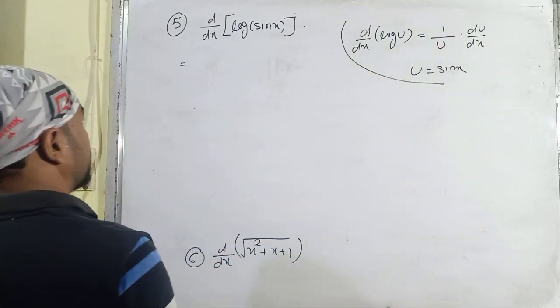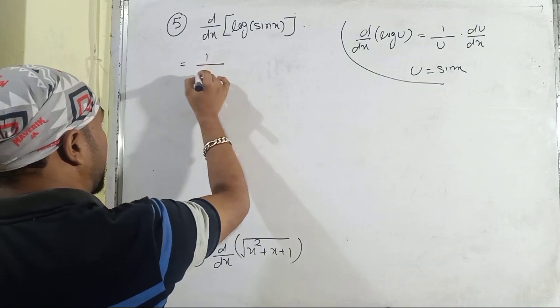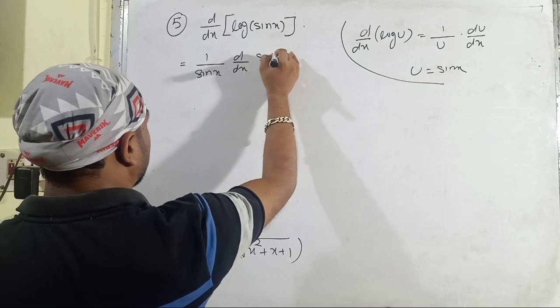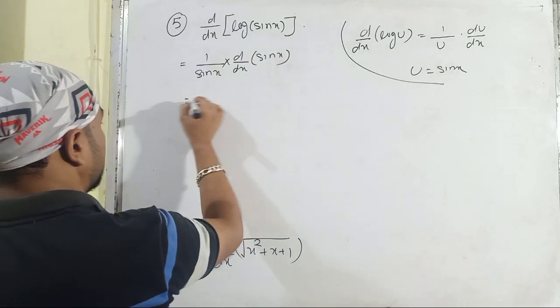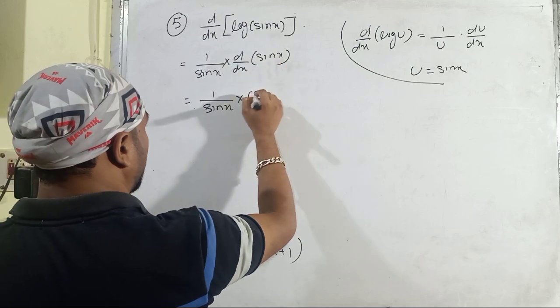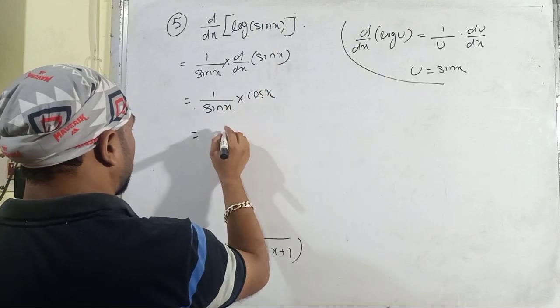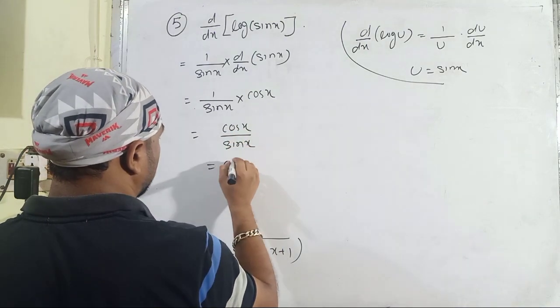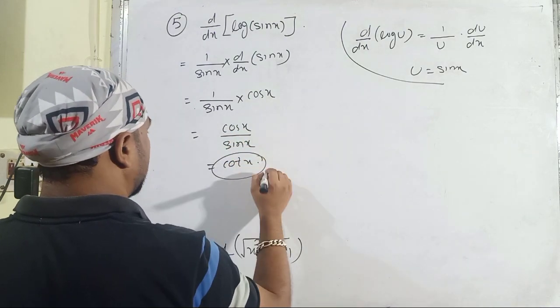So applying these concepts here, we have 1 upon sin x multiplied with the differentiation of sin x, which is cos x. Then cos x upon sin x is cot x, and here is the answer.